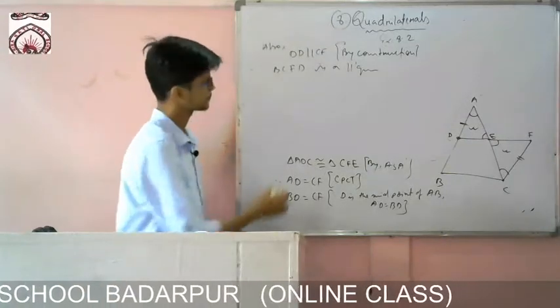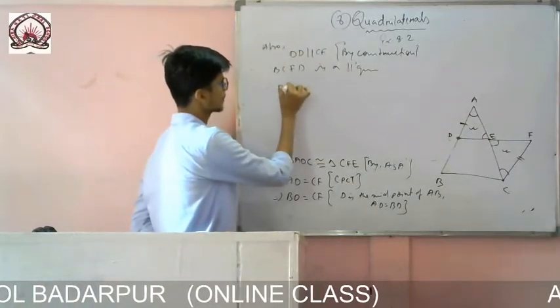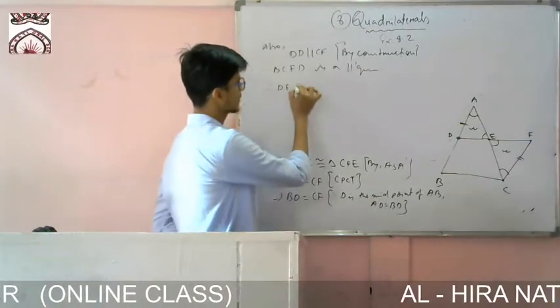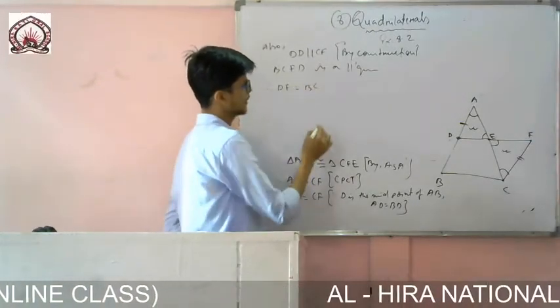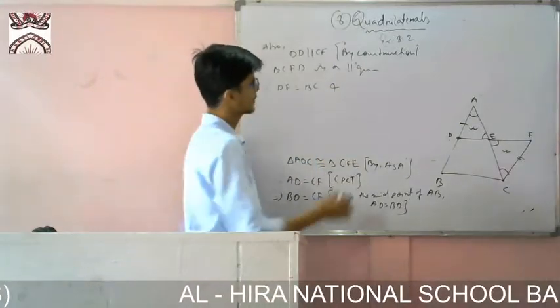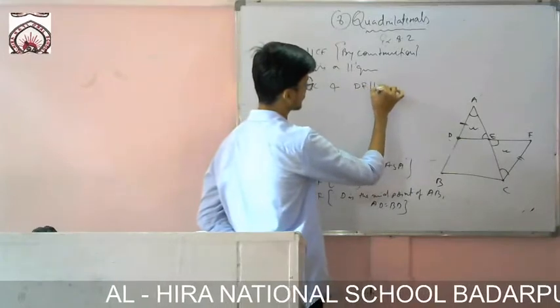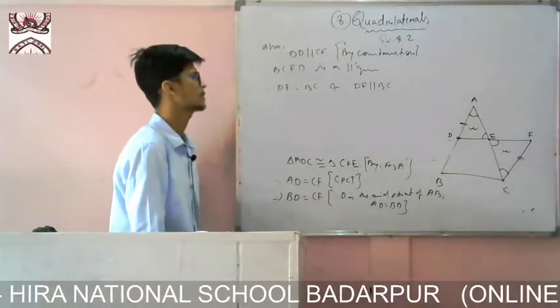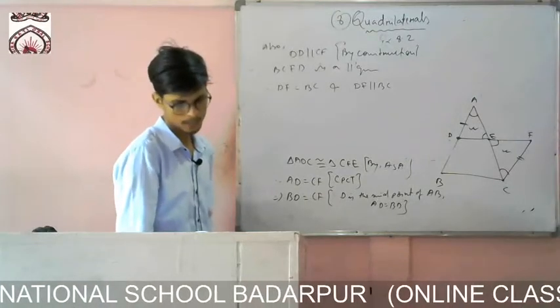Okay. So if it is a parallelogram, DF will be equal to BC, and DF is parallel to BC. If it is a parallelogram, then DF will be equal to BC and DF is parallel to BC.